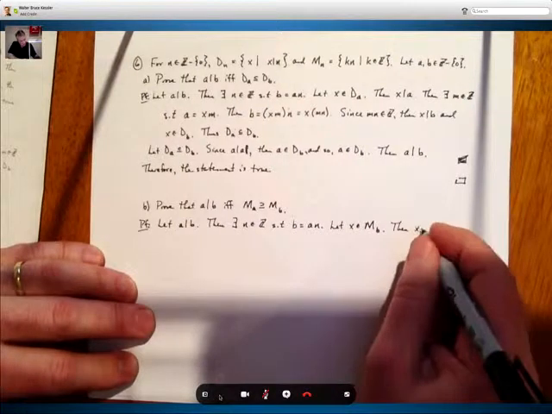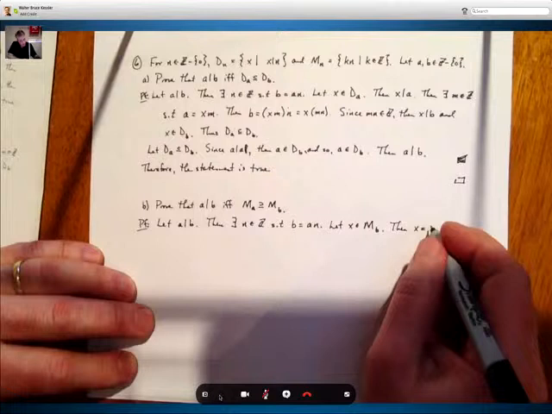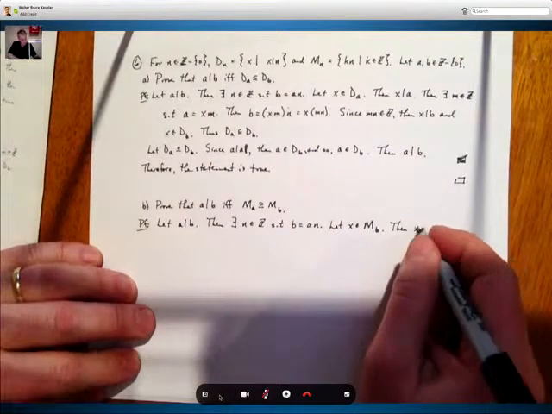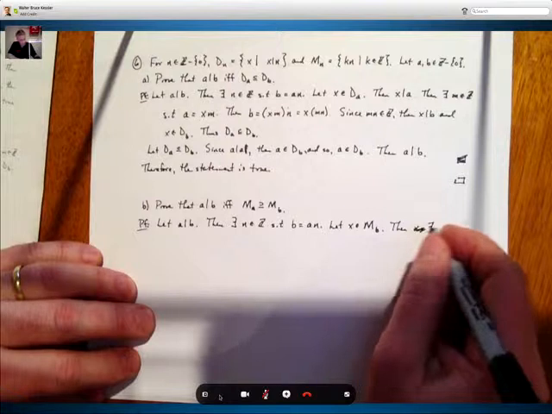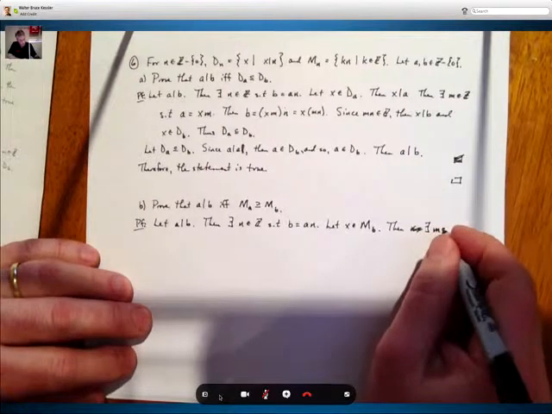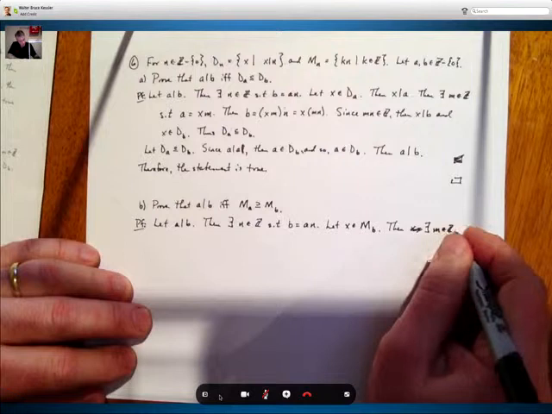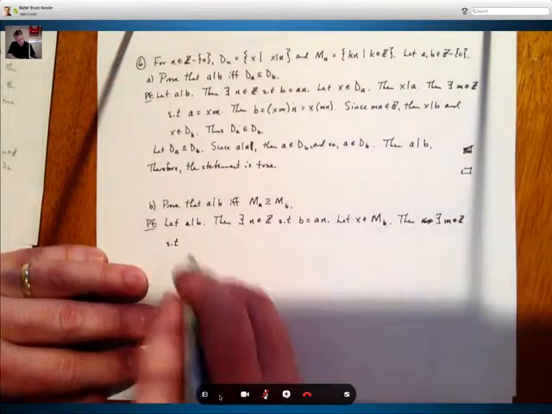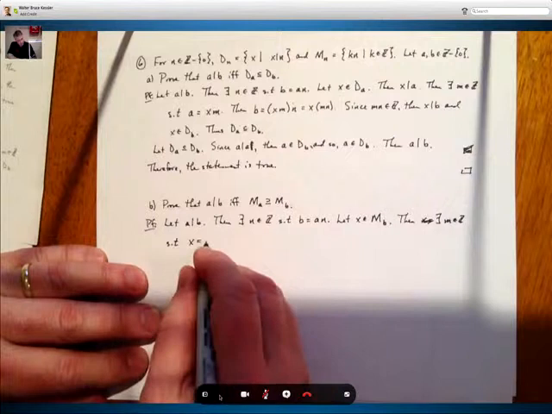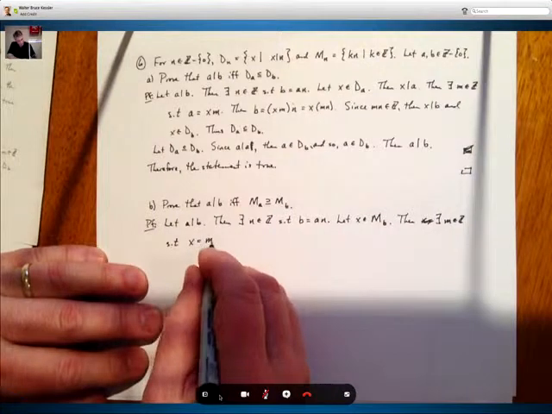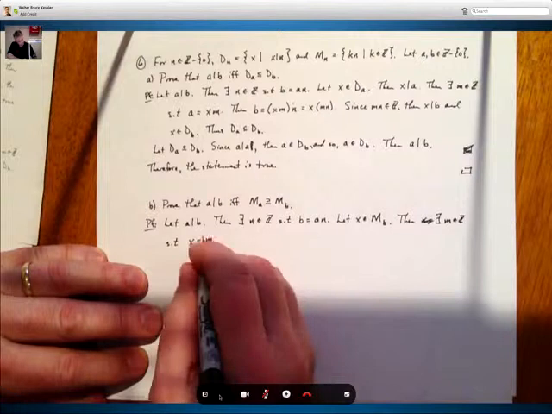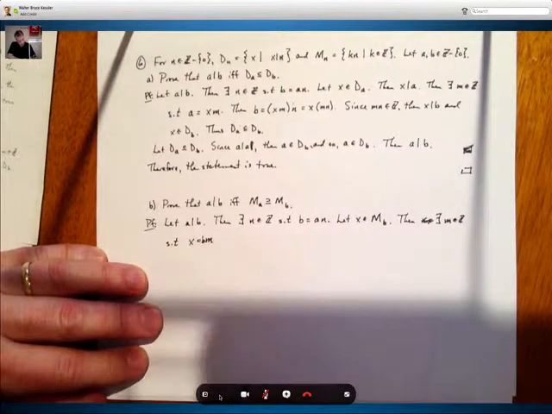Then that means x is a multiple of b. And I should have said it. I typically do this. Then there exists, and I'll lowercase m, such that x is m times b.